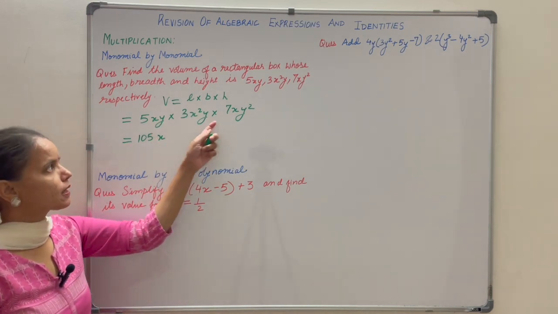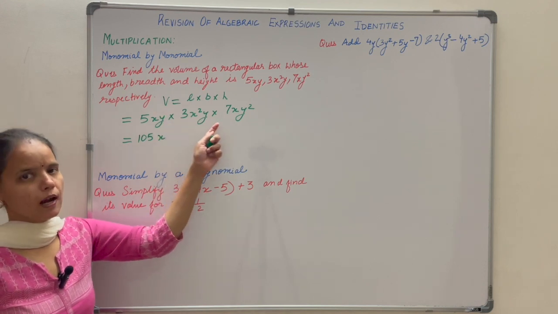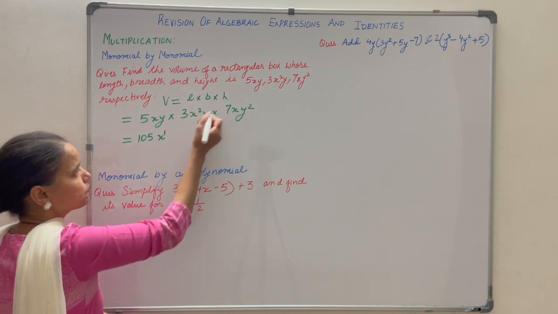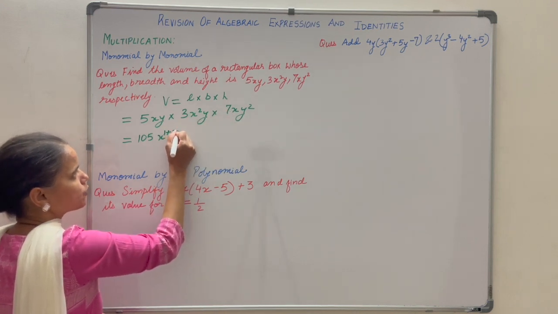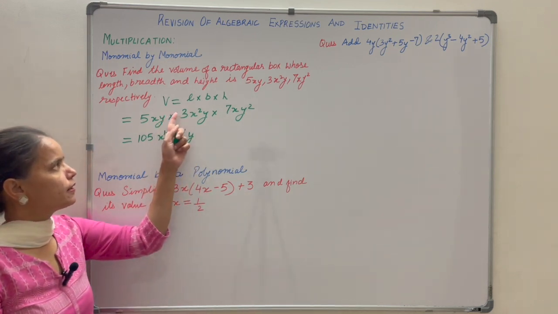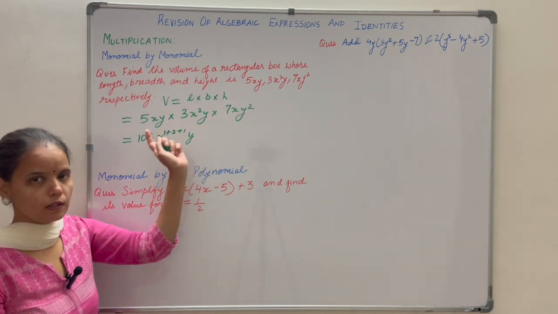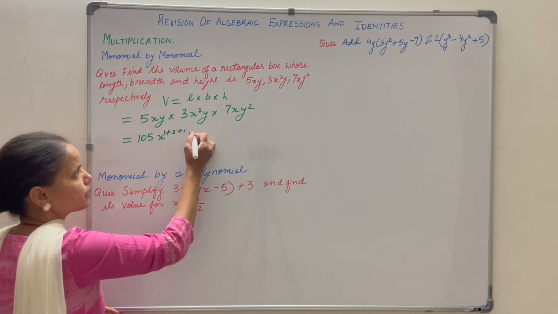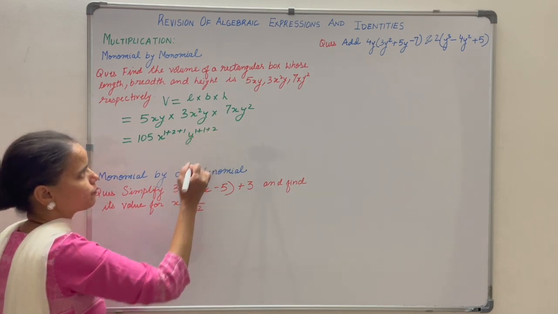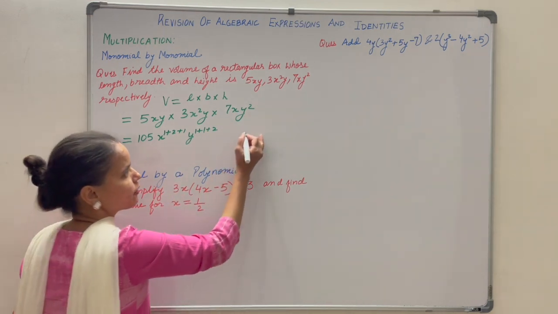When the bases are same, the powers are going to be added. Laws of exponents. So for x, 1 plus 2 plus 1. For y, 1 plus 1 plus 2. Here also the bases are same when you are multiplying. Which law of exponent have we used here?